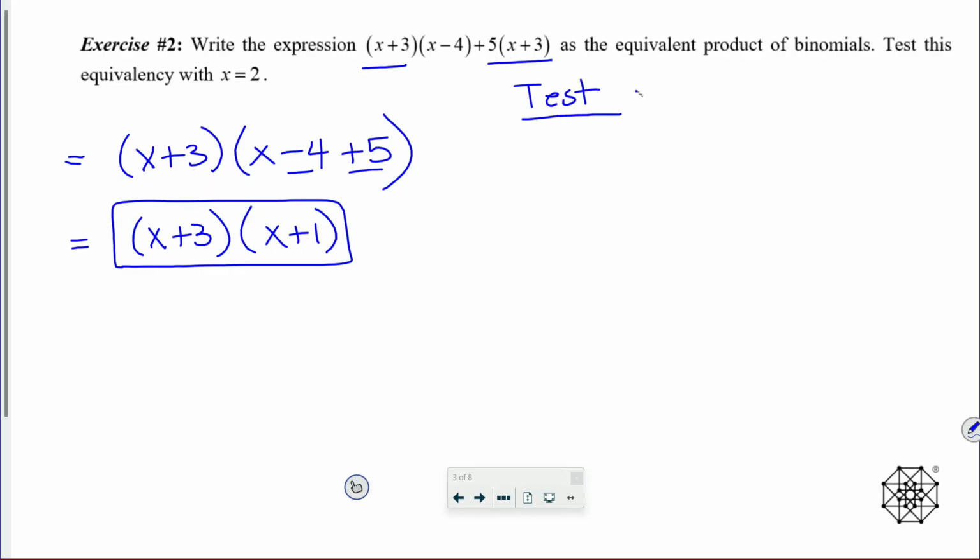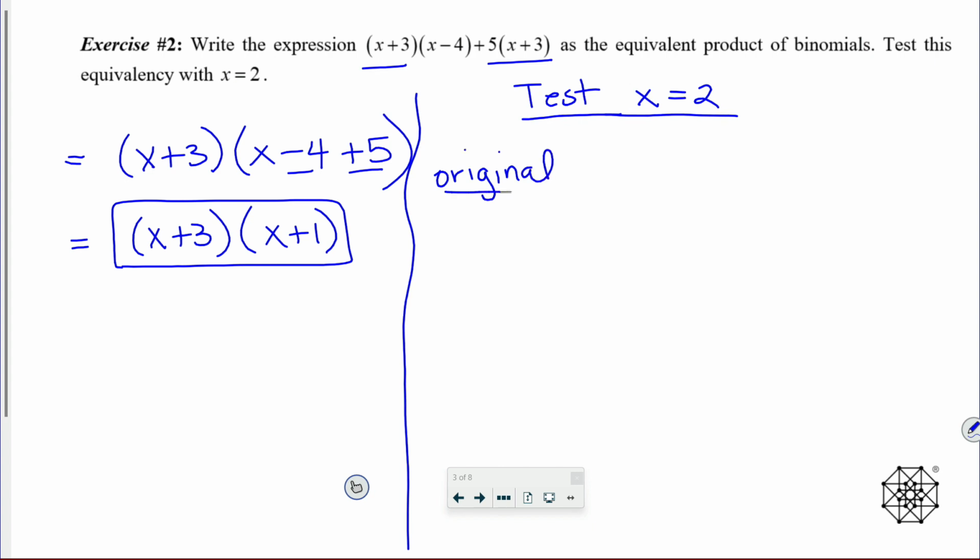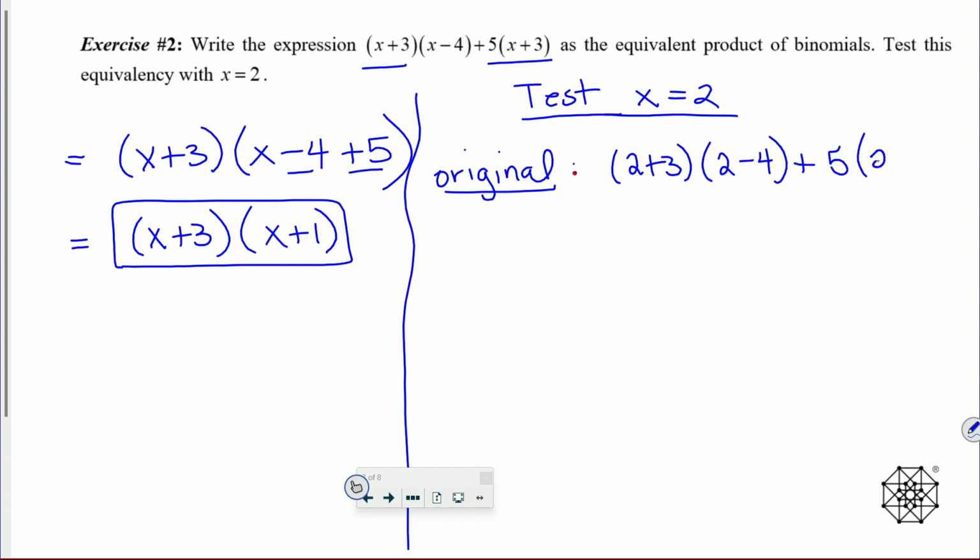We'll test x equals 2, and let's first put it in the original. So if I put it into the original, I'll have 2 plus 3 times 2 minus 4 plus 5 times 2 plus 3. I'm just going to do some arithmetic here.